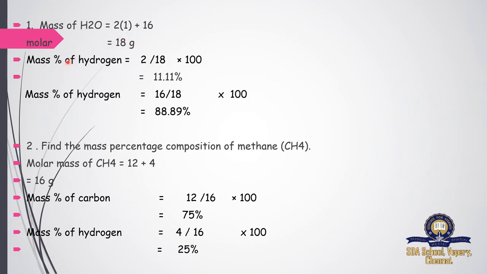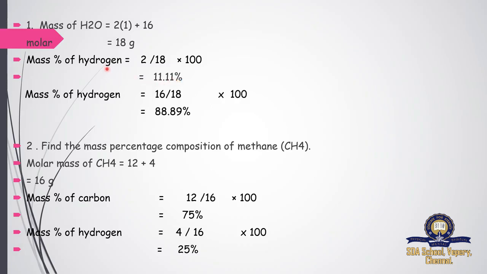Next, we need to find out the mass percentage of hydrogen. First, the mass of hydrogen: only 2 atoms, and the mass is 1, so 2 into 1, 2. The total weight of this molecule is 18, so 2 divided by 18 into 100. On cancelling, we get 11.11 percentage of hydrogen.